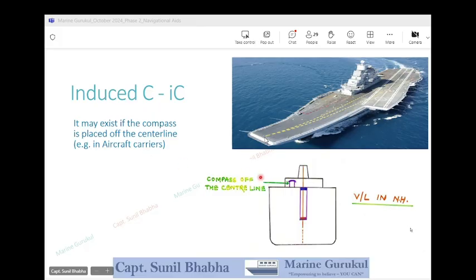Now in such a case, you can see in the diagram, the compass is placed off-center and the ship's fore and aft centerline bulkhead acts as a vertical structure, and the induced magnetism generated by this vertical soft iron to port or starboard of the compass thus generates induced C.